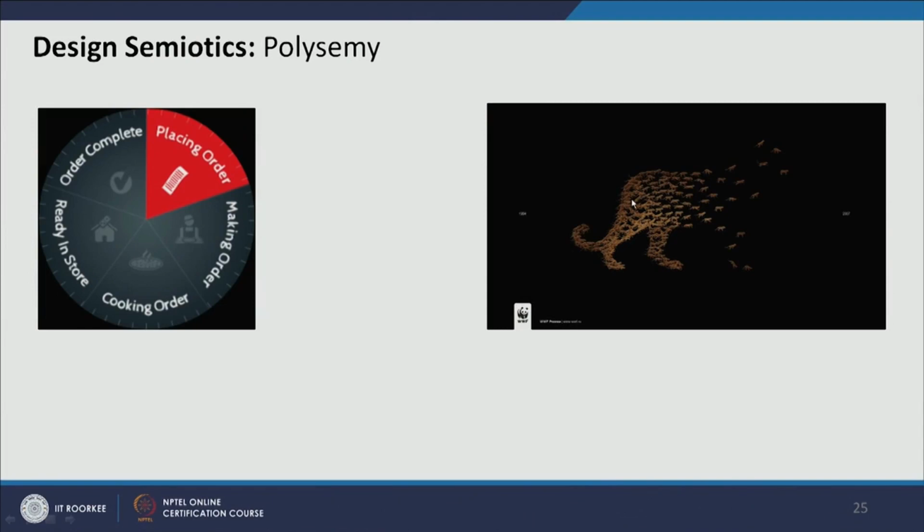Here the general density of the tiger is fading away, and we even see the tiger's face is facing this way, towards extinction. If it faced the other way, the meaning could have been absolutely different. So here there is also a part of syntagm.